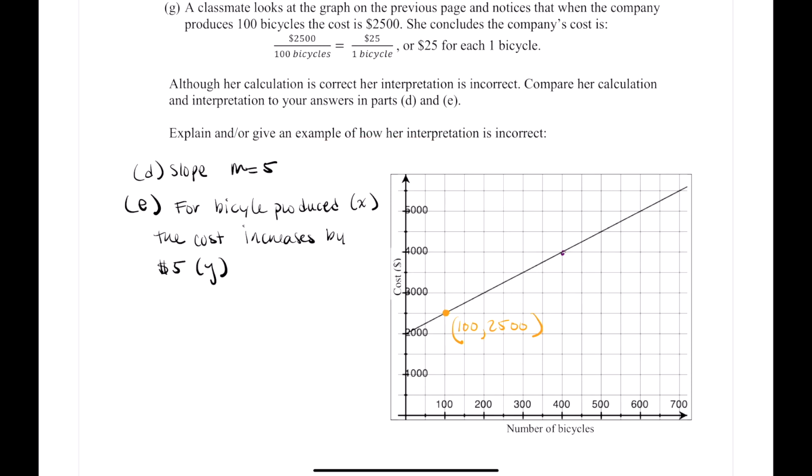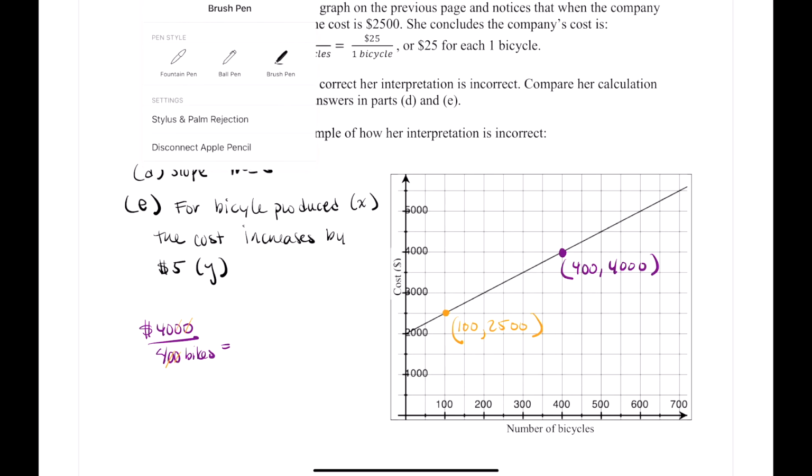Let's look at a different point here. So this is (400, 4,000). And let's see what this comes up with. So we have $4,000 is the cost to produce 400 bikes. And for easy division, you can just cross out matching zeros since it's dividing by 10.